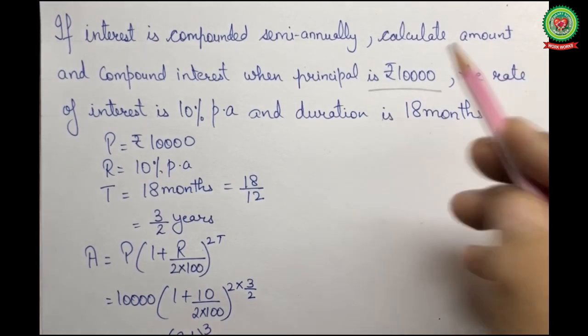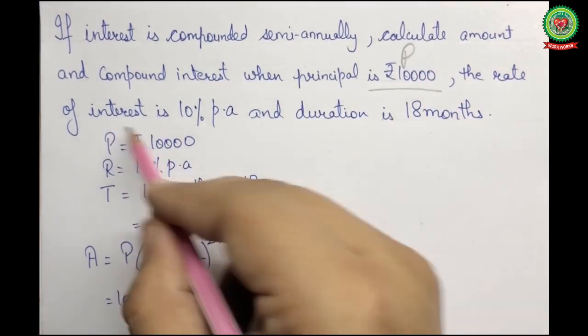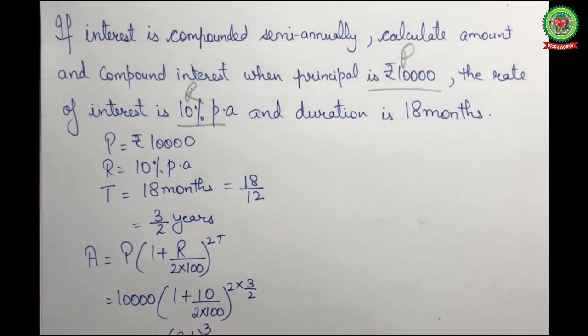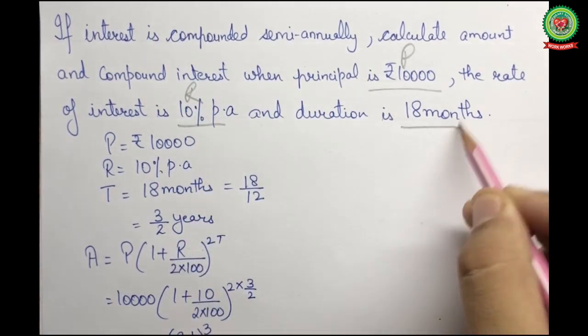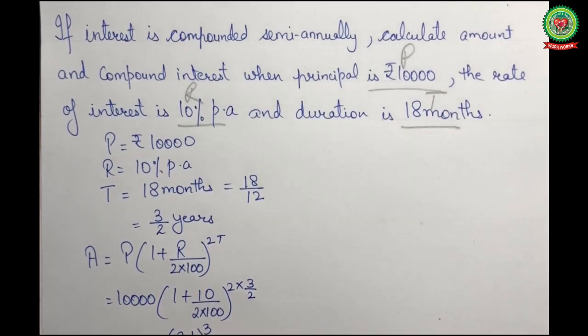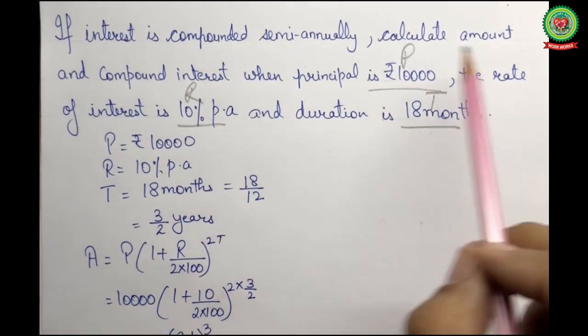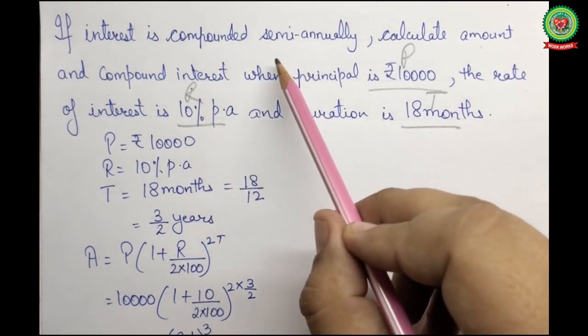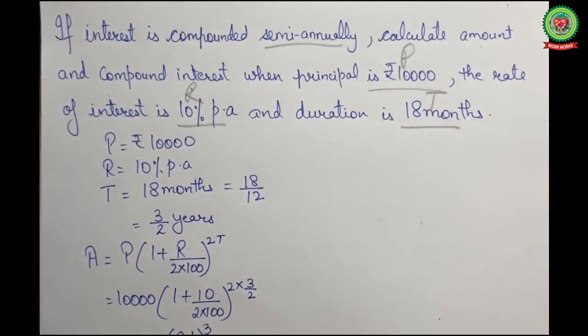Principal is rupees 10,000, rate of interest R is 10% per annum, and duration, that means time, is 18 months. We need to find amount and compound interest when the interest is compounded semi-annually. Semi-annually means half yearly.